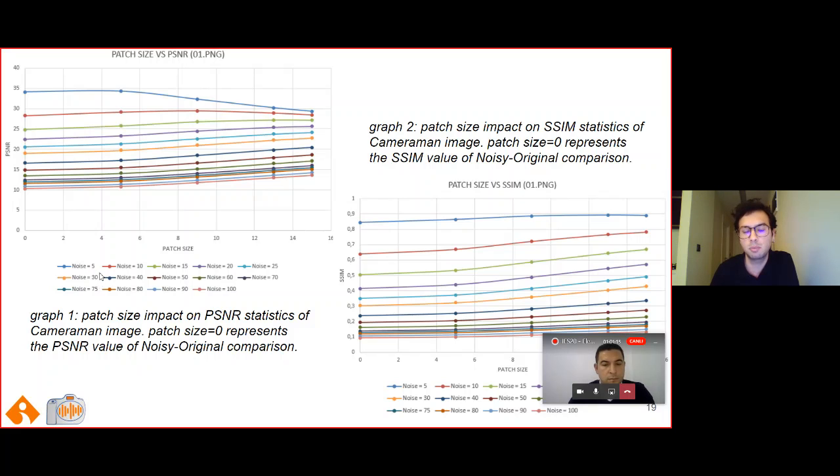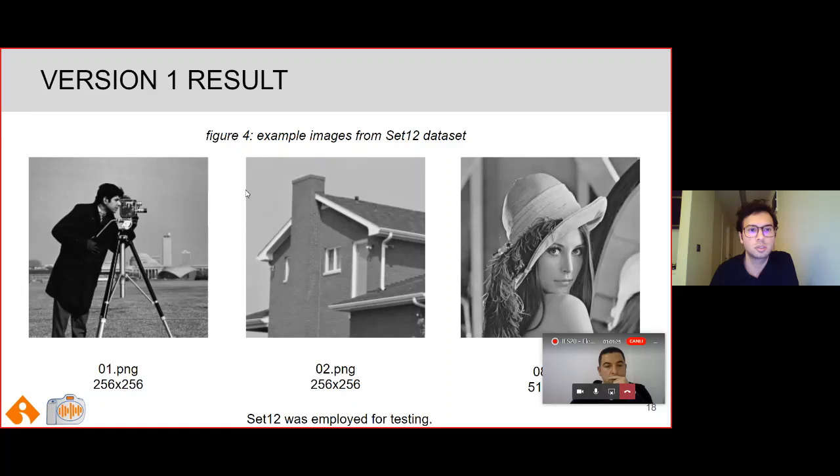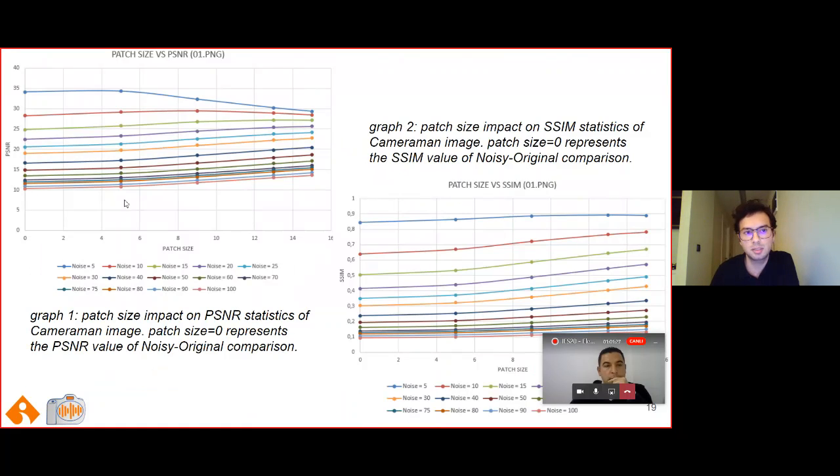In version 1, we want to reveal the effect of patch size on the image reconstruction. As you can see, we have patch sizes 5, 9, 13, and 15. The 0 one represents the PSNR value between the noisy image and the original one. The other ones are between the estimated image and the original one.